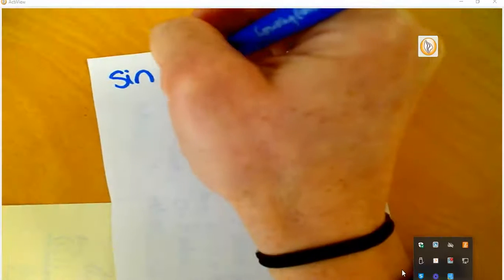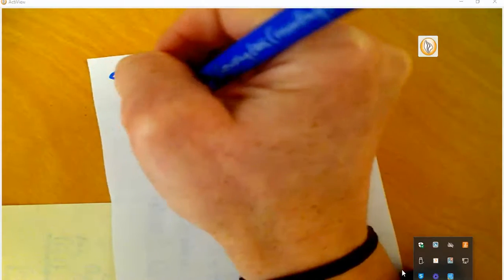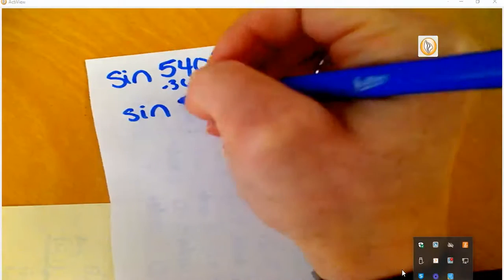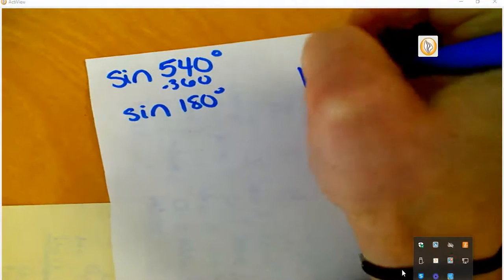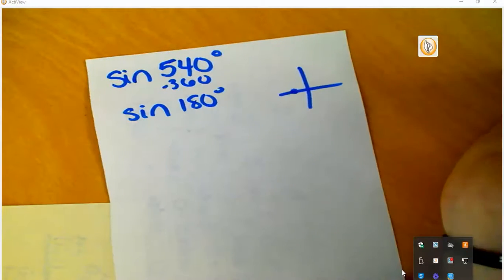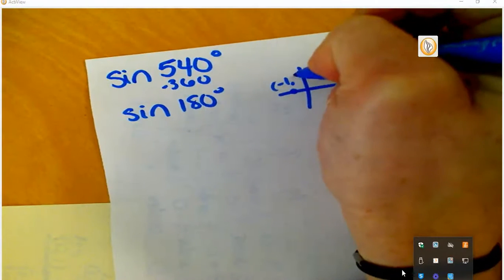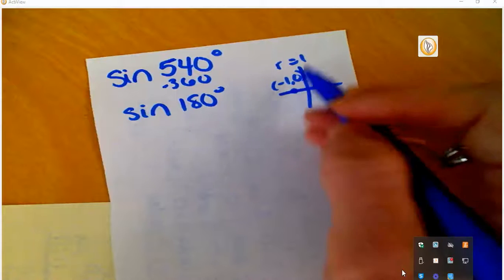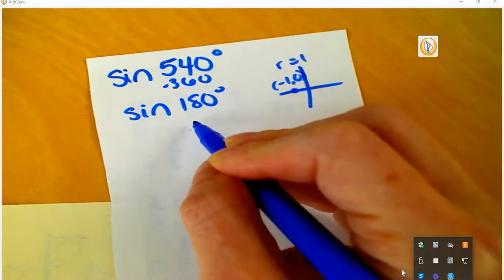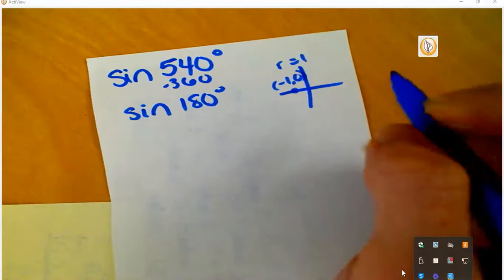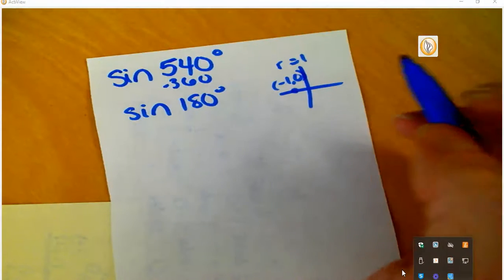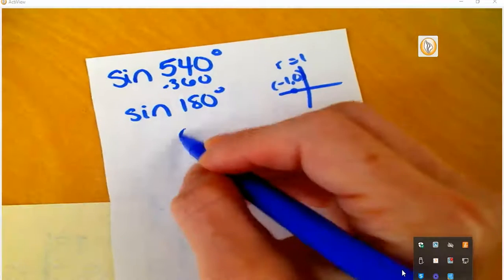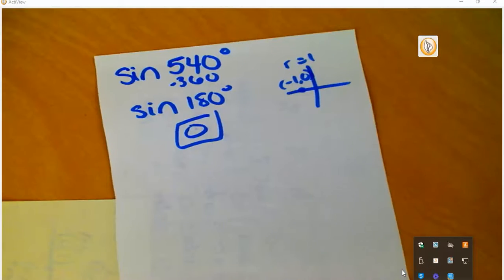Subtract 360. Yes. That's more than 360. So if we subtract our 360 to get a coterminal angle, what do we get? 180. And so how I would expect you to do that is think, okay, 180 is here, my x is negative 1, my y is 0, r is always 1, sine is y over r, so my answer is 0. Okay, so that's your thought process there.